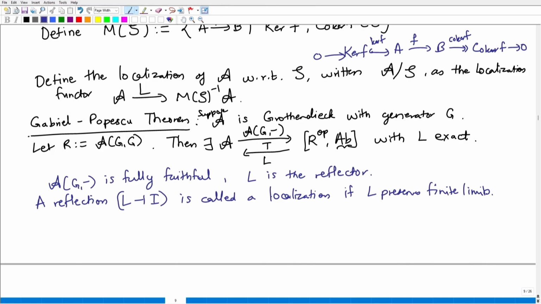Once again, coming back to the original idea that we have a right adjoint, the left adjoint always preserves what? Co-limits. All co-limits are present on both sides, so it preserves co-limits.